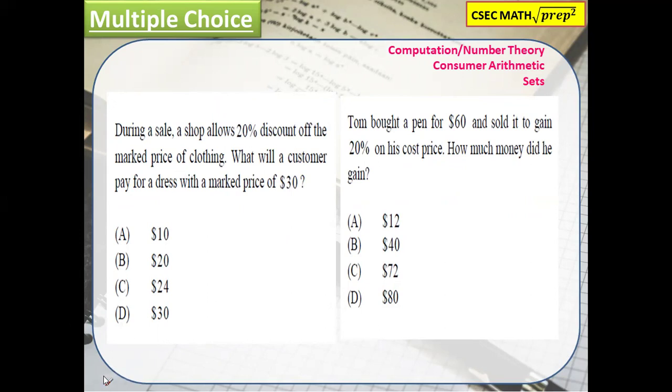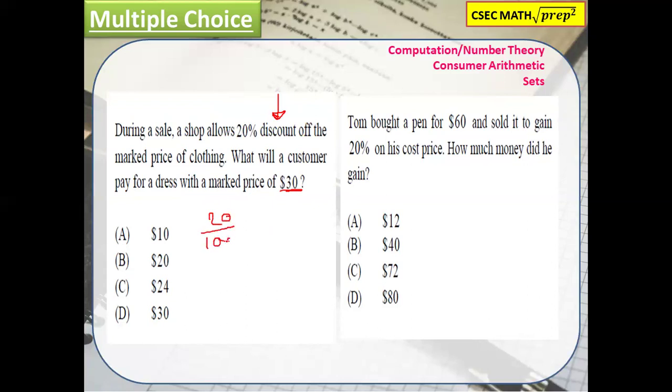All right, during a sale, a shop allows 20% discount of the marked price of clothing. What will the customer pay for a dress that is marked at $30? Now, discount naturally means that the price is going to be going down. Therefore, we just need to find what 20% of 30 is.